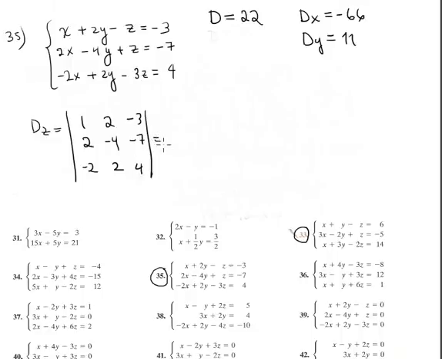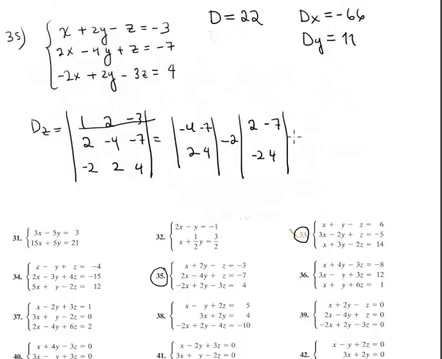Okay, expand using the cofactor formula. 1 is the first guy, times the determinant negative 4, negative 7, 2, and 4. Minus 2 times 2, negative 7, negative 2, and 4. Minus 3 times 2, negative 4, negative 2, and 2.